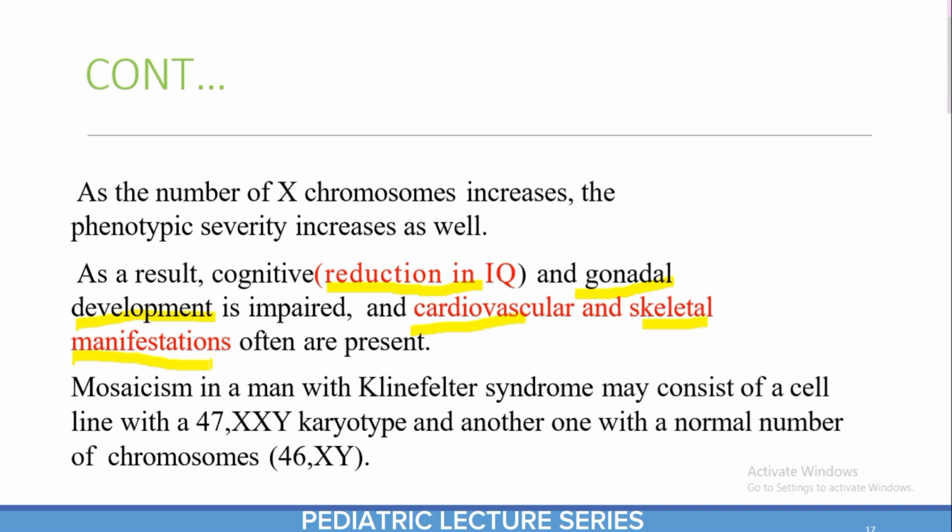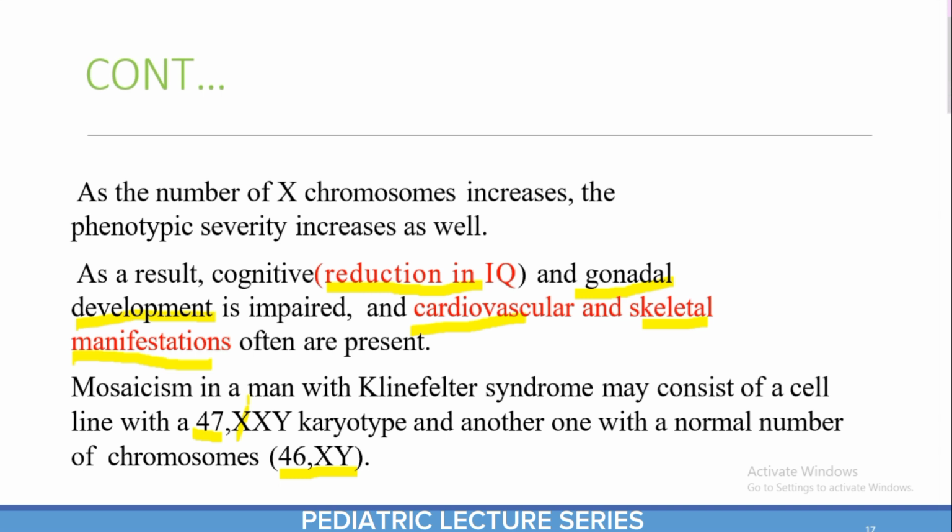Also, you can have mosaicism in Klinefelter syndrome. In this case, you have a man, but within this individual, some cells contain the normal number of chromosomes, that is 46 XY, and then some cells contain 47 chromosomes within the cell, meaning there is an extra X chromosome, but this is within the same individual.